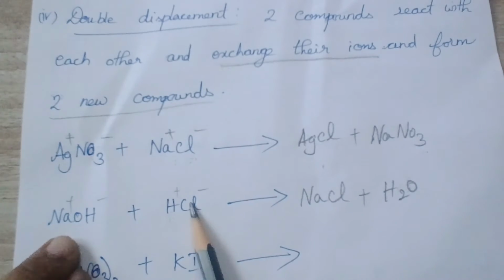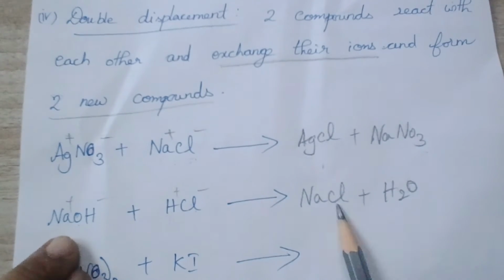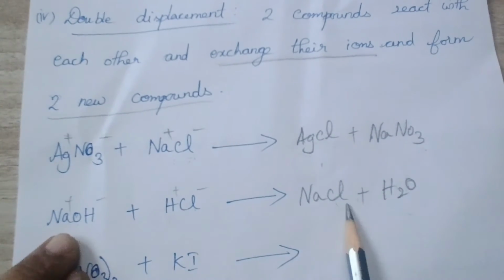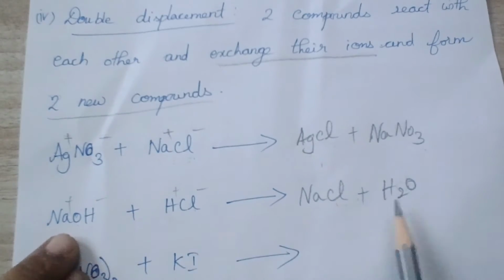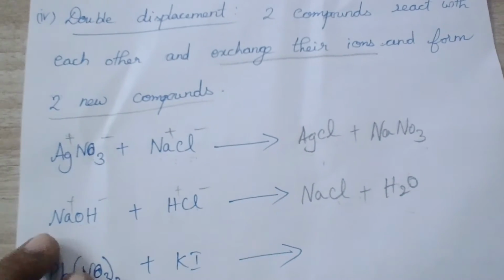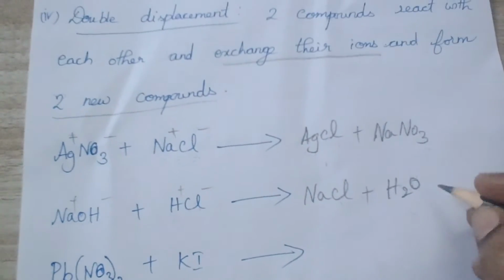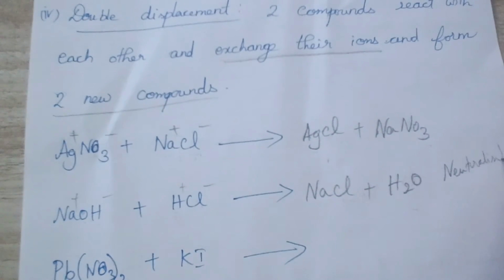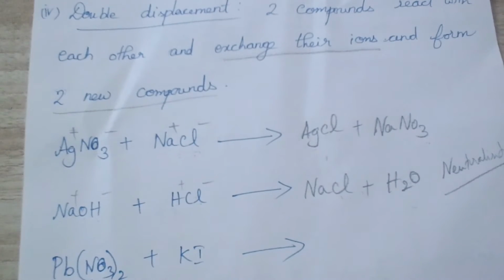They react together to form a salt and water, NaCl plus H2O. So one Na is one Na, Cl one Cl, 2H, 2H, 1O, 1O. So it is otherwise called a neutralization reaction. Neutralization reaction.